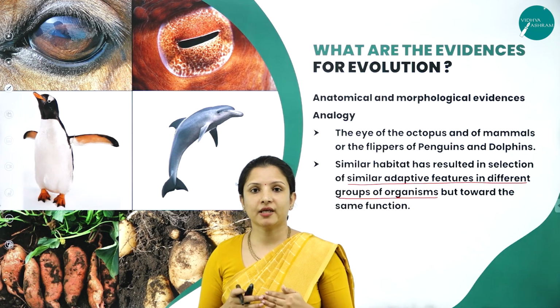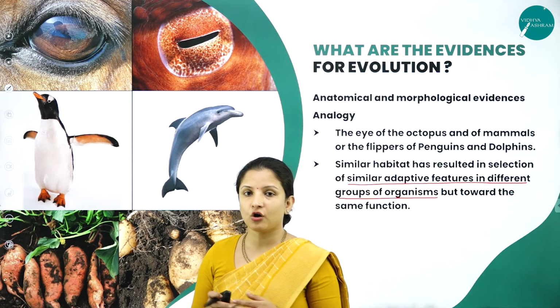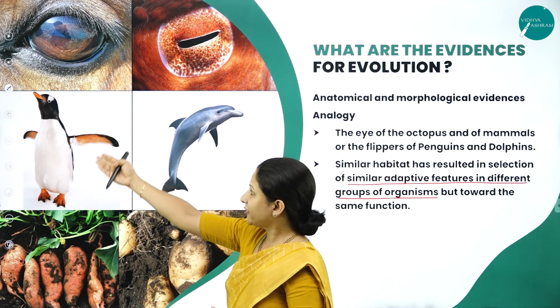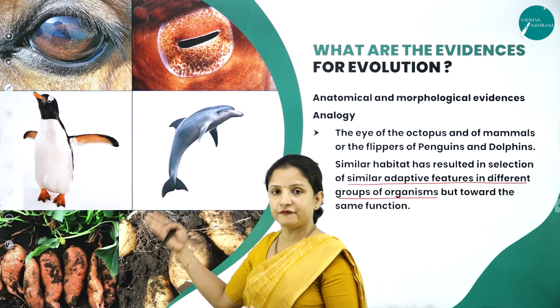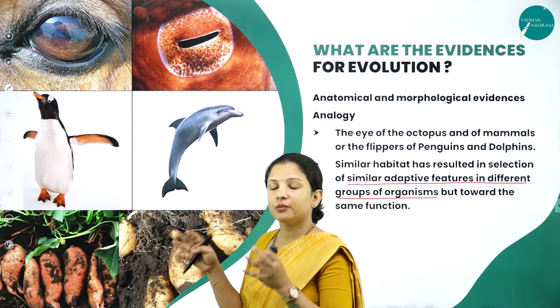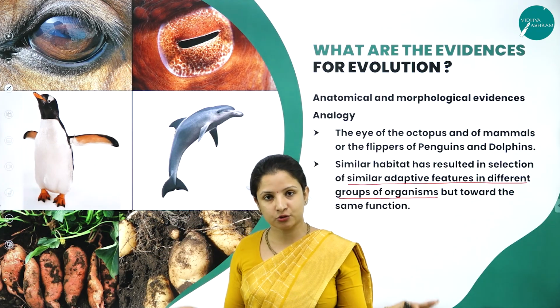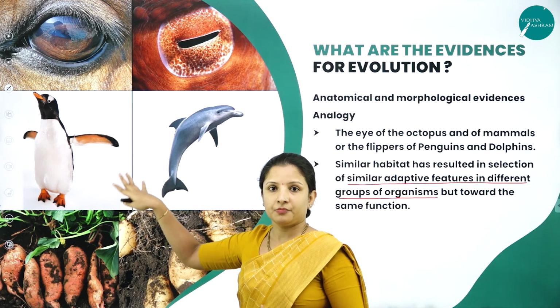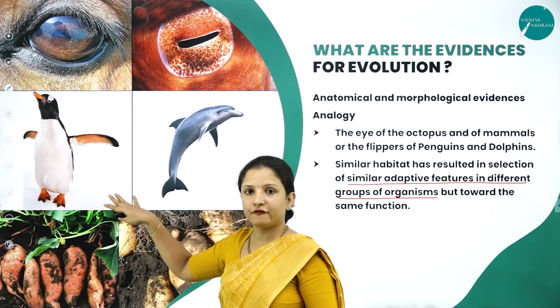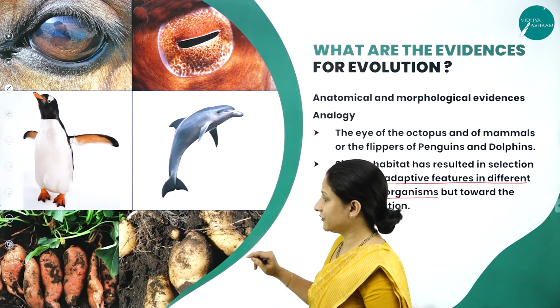In this particular case, their function is similar because the habitat of the penguin is water, they swim in water, whales also swim in water, dolphins also swim in water. So the main function of the flippers is just to swim. Their anatomy is different, but their function and morphology are similar.